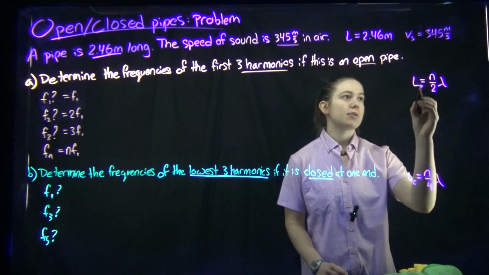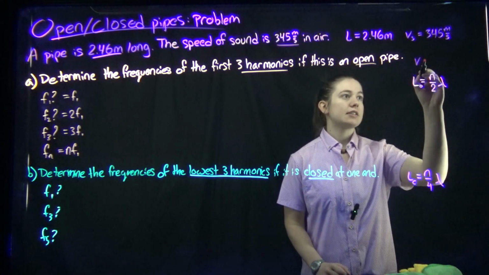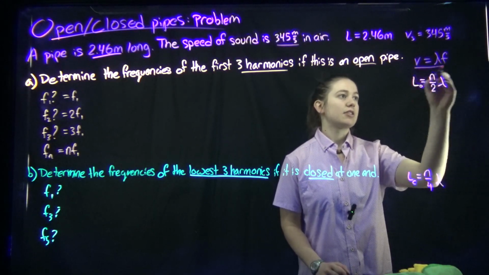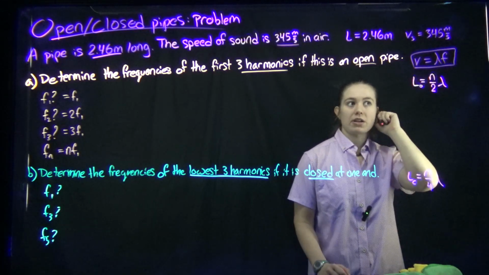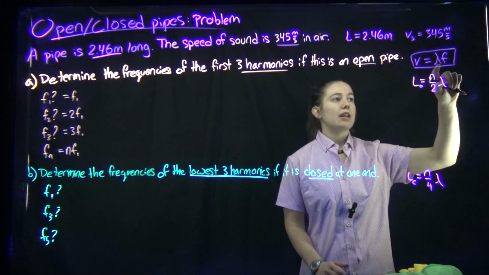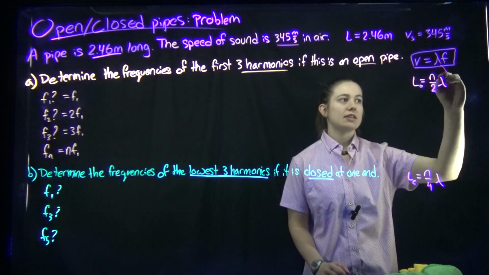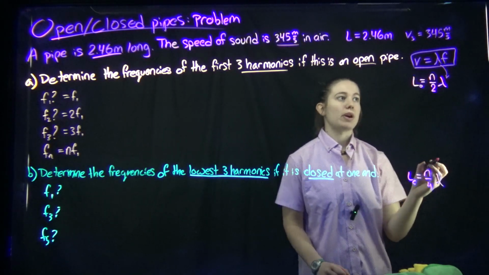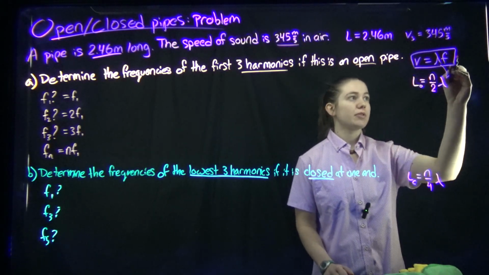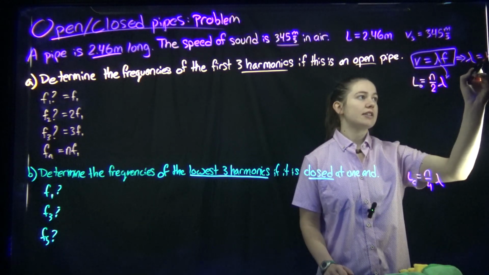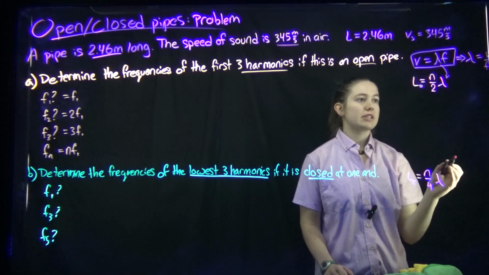So we also have velocity is lambda f, and that's true for both open and closed. So let's rearrange this to solve for lambda and then plug that into each of those equations. So if we rearrange this, we'll get lambda is velocity over frequency.